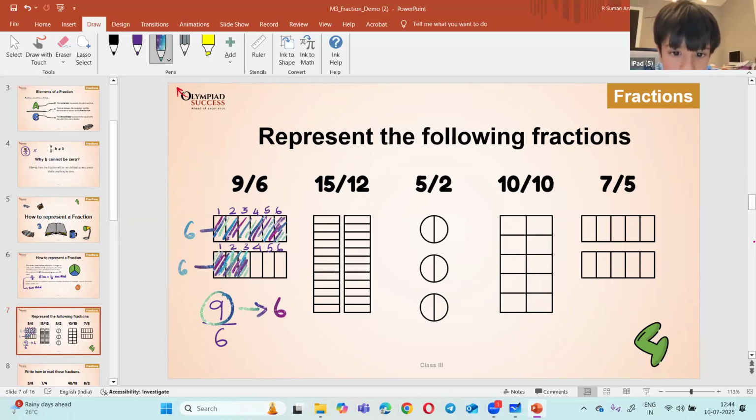Clear now? So this 6 is the denominator. The total number of parts of the image will be the denominator, and the number of parts shaded will be the numerator. Now, what will be the fraction for the unshaded part here, the part which is not shaded?